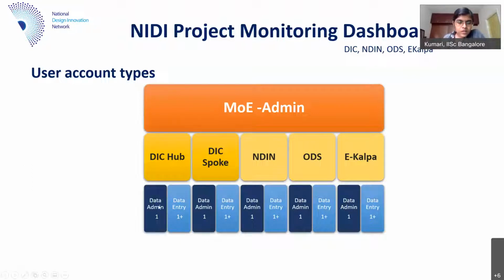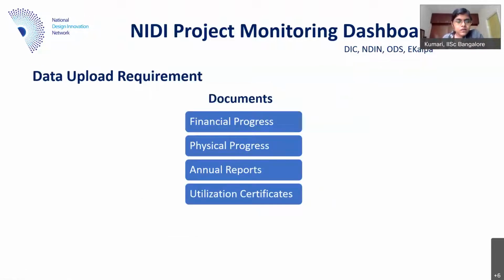There are two main data user access categories in terms of the rights of the user: the data admin and the data entry user, for DIC hubs and for spokes as well. There are two different sections you will see in the portal. One is document upload, which you've been sharing by email, which includes the financial progress, physical progress, annual reports, and utilization certificates.